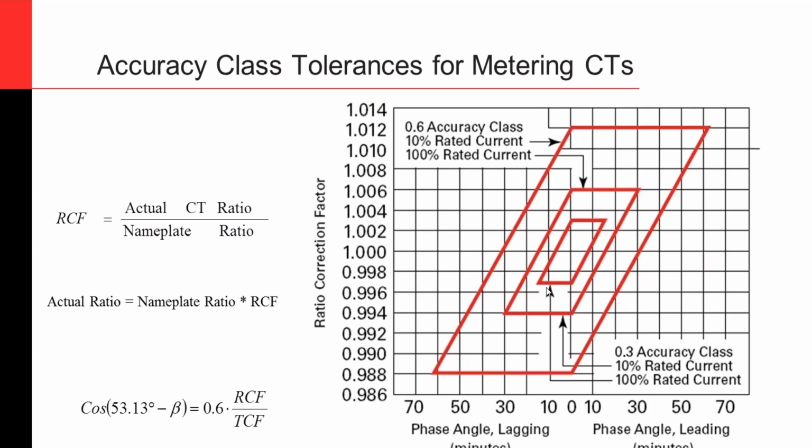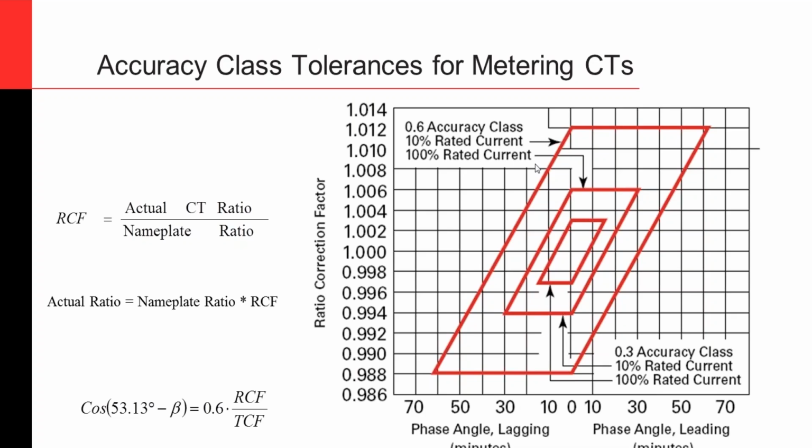So you can also say your actual ratio is nothing but the nameplate ratio times the ratio correction factor. When you draw a graph between the ratio correction factor and the phase angle, for 100% it has to stay within this narrow limit. For 10% rated current, it can deviate a little bit, but not so much.